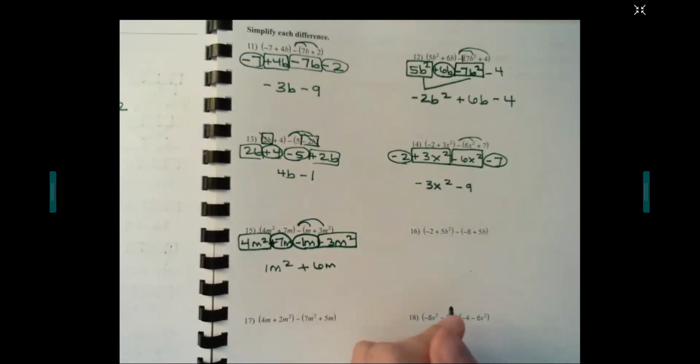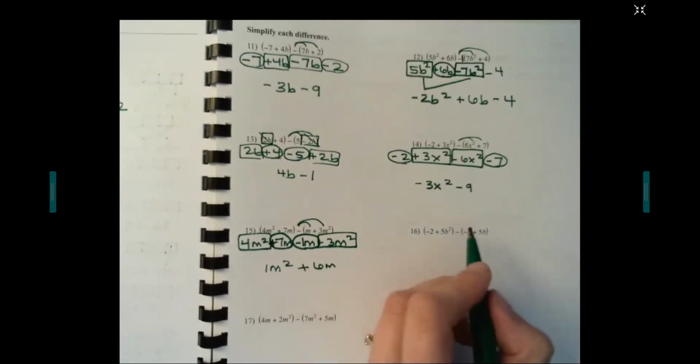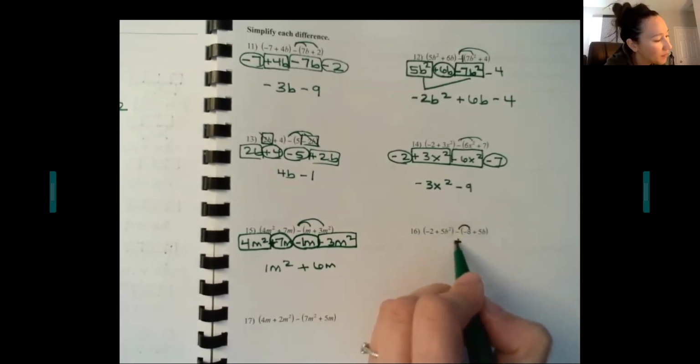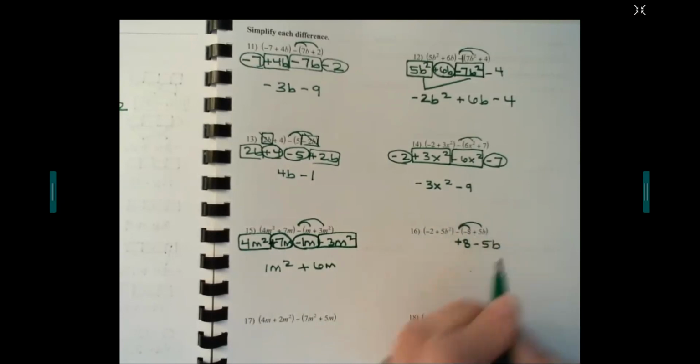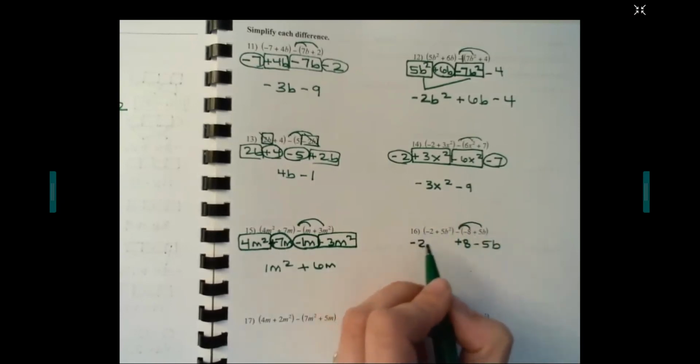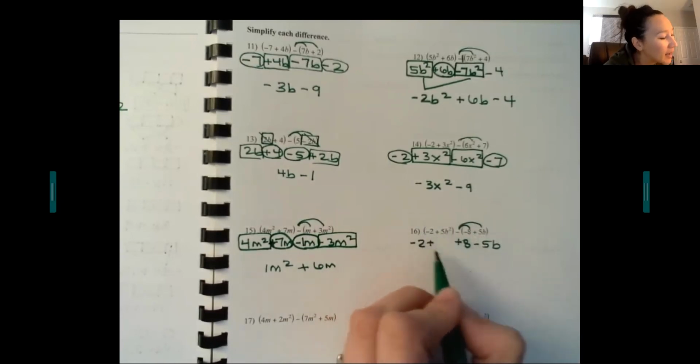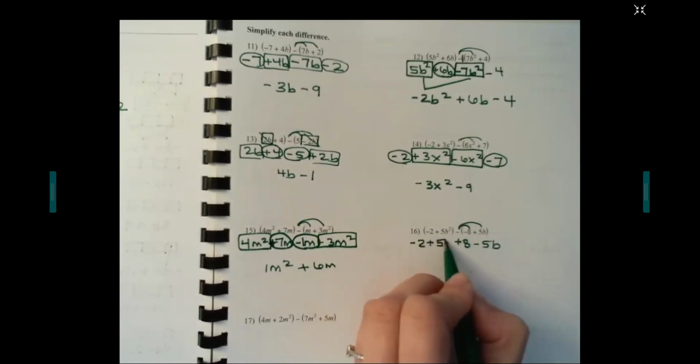So the negative 8, it became a positive, right? Yep. And then 5b, it became negative 5b. And then I brought down negative 2. And then is that an H? I can't really see. It's a B. Oh, okay. So then 5b is to the second power.